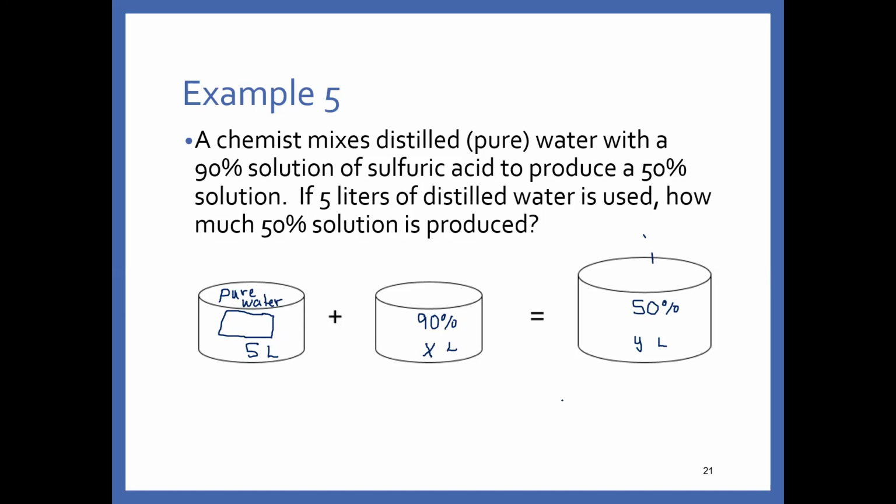So I have two variables. It's different this time because one is on the left of the equals and one is on the right of the equals, but we can work with that. And the Desmos graphing calculator can work with that as well, so that won't be an issue. Now, I have to think about this pure water because I need a value or percent for it. So pure water has how much acid?